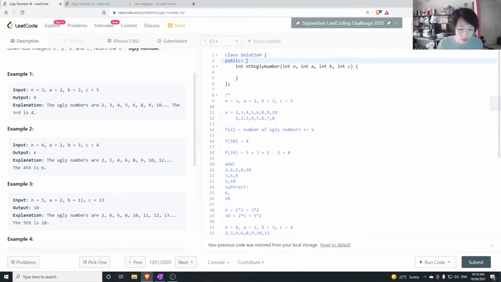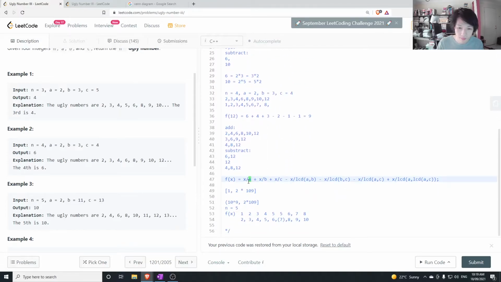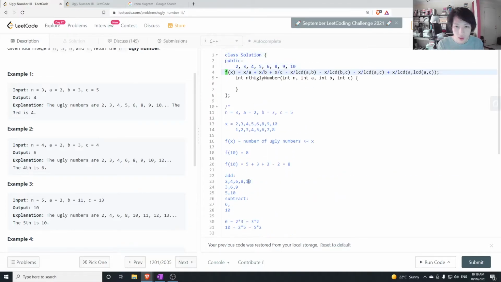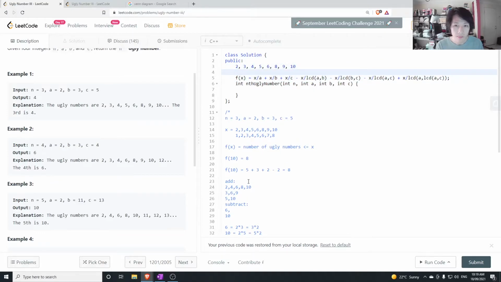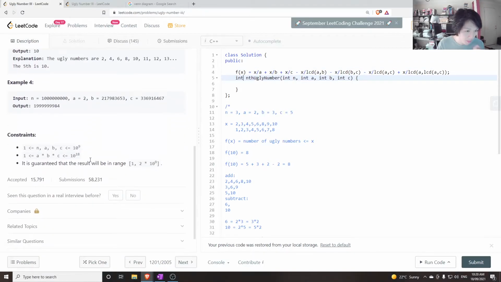And here, write this function. Okay, so let's see if we actually need to use ints, or should we use a bigger data type. The range goes up to 2 times 10 to the power of 9, which is very large.